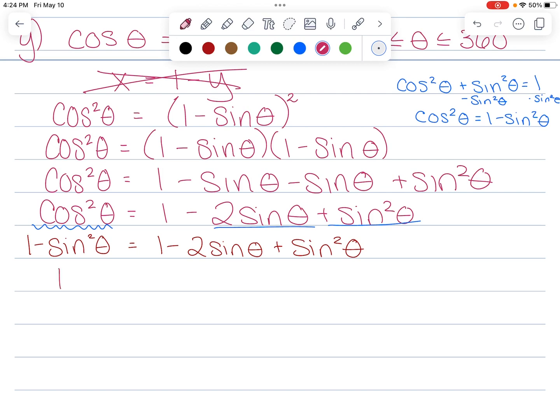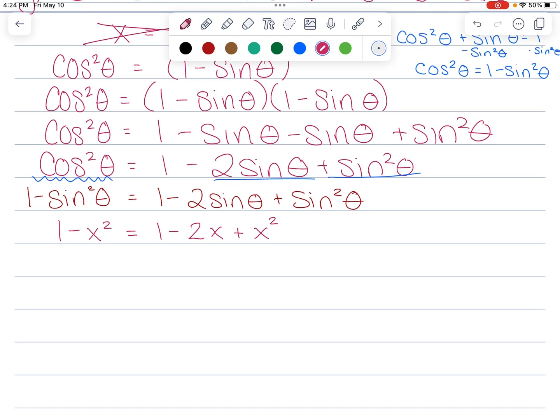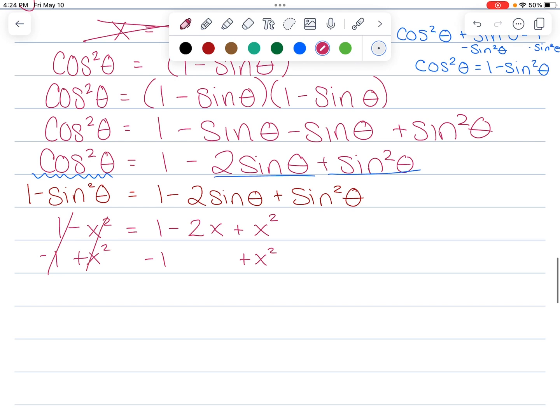Okay, now it's all the same trig ratio, so let's make it easy on ourselves. Let's switch it to x's. It's quadratic, and unfortunately, it's going to stay quadratic. But I want it equal to 0, so I do that. That cancels, 0 is equal to.